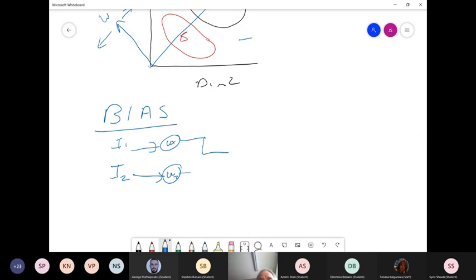They go into a summer. You've seen this model before, and the threshold. Introduce a third input. It will have a third weight associated with it, which will be W3, but the input to that weight is internal and it is a constant.